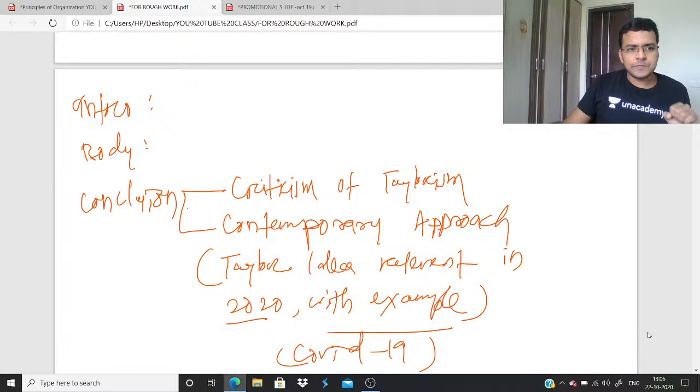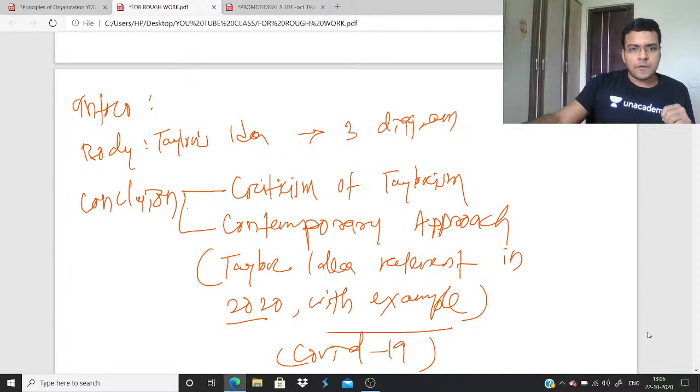And in body, you need to write about Taylor's idea, with three diagrams. You must give three diagrams. In public administration you can give your diagram, flow chart, to impress the evaluator.